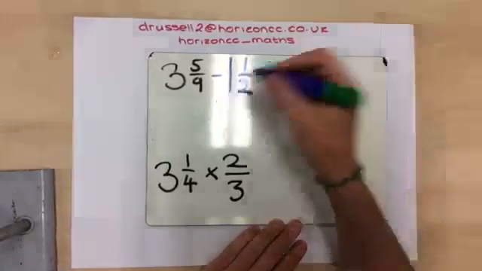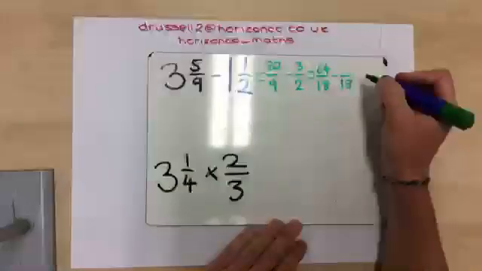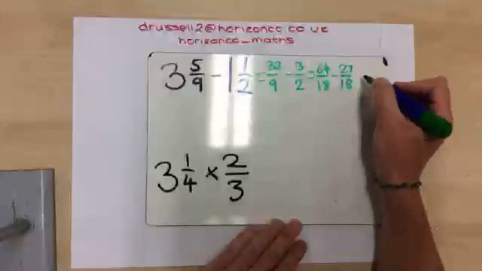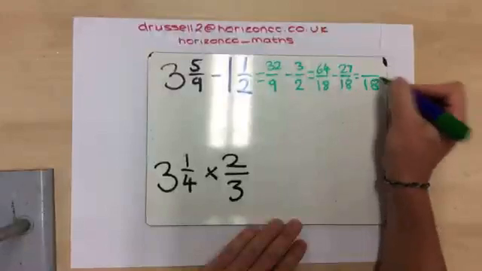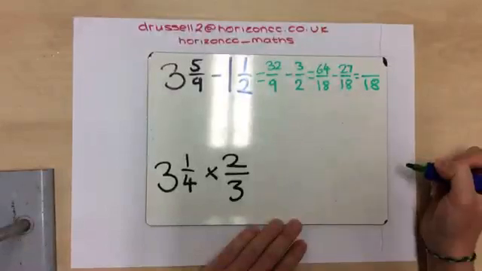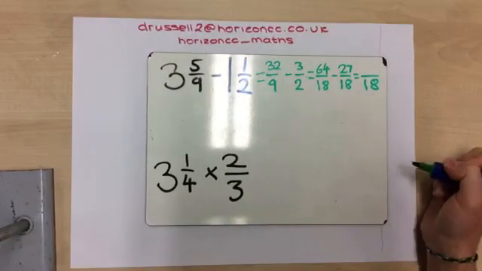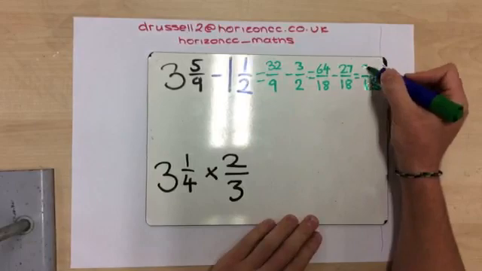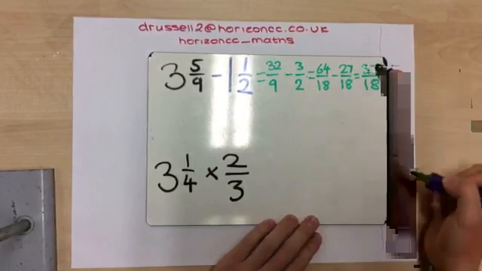Well, as before, 9 3s are 27. At this stage, we can then look at just subtracting our numerators. 64 subtract 27 will leave me with 37. So we've got 37 over 18.